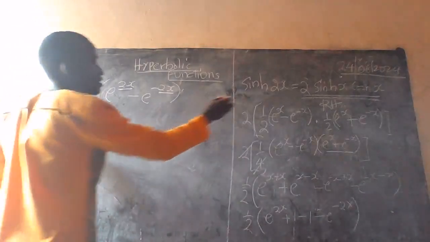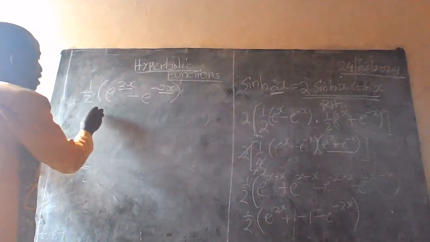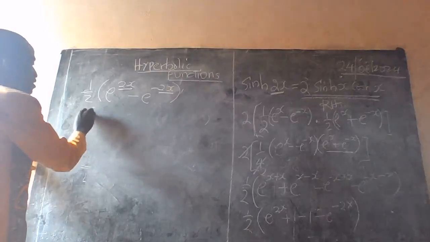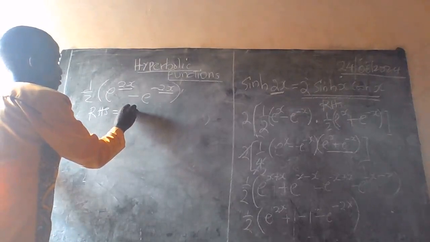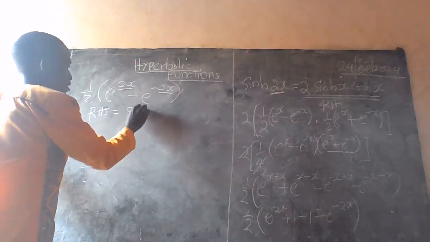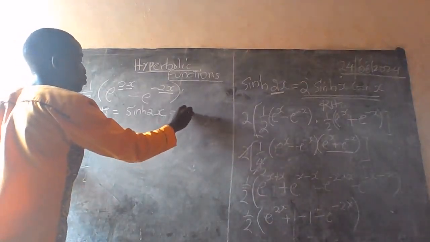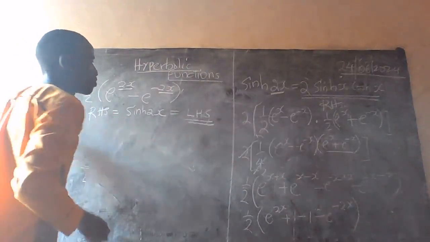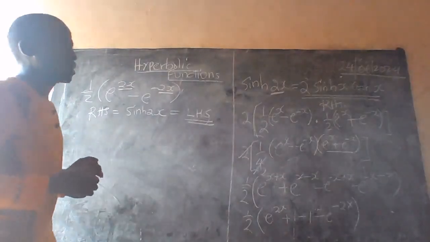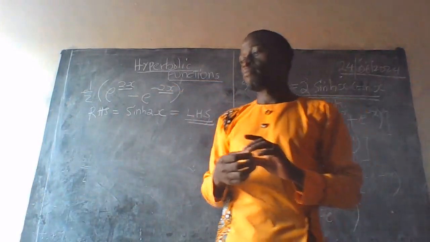Now that gives us the angle. So you see now the right hand side gives us sine 2x, which is equivalent to the left hand side. So that one has been proved.